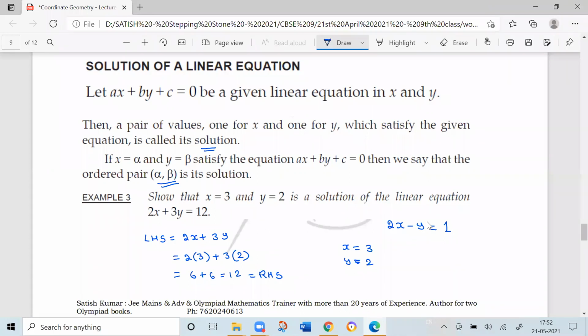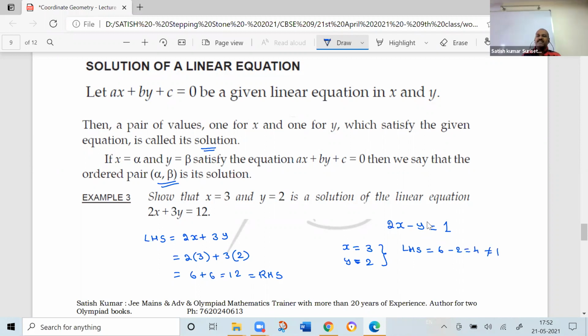No, sir. When I substitute it in the left side, what value are you going to get? You're going to get 4. So 2 into 3, 6 minus 2, 4, which is not equal to 1. That means x equal to 3, y equal to 2 is not a solution.